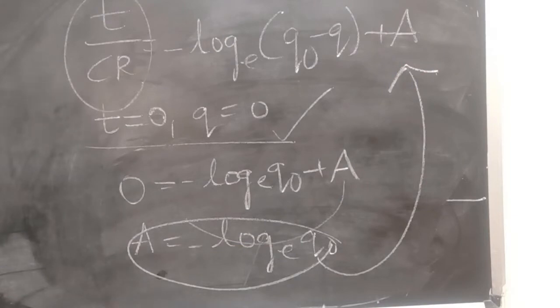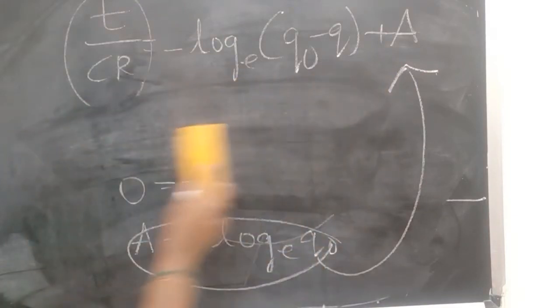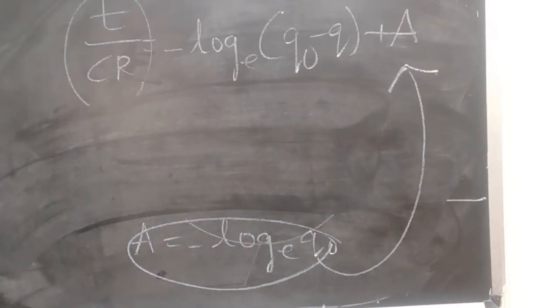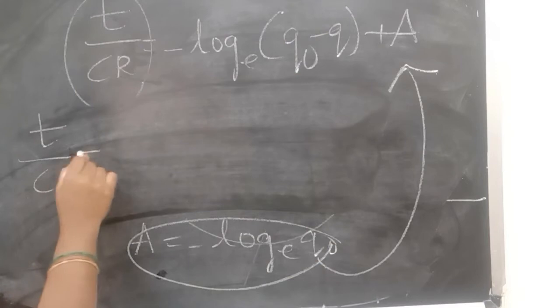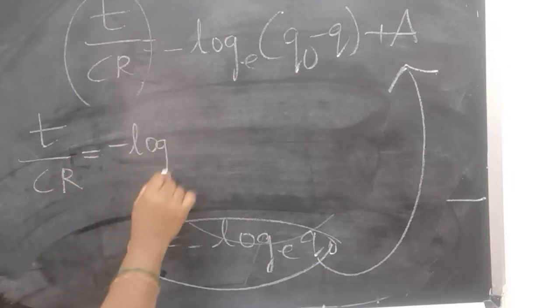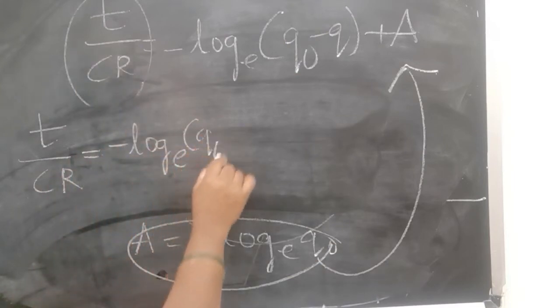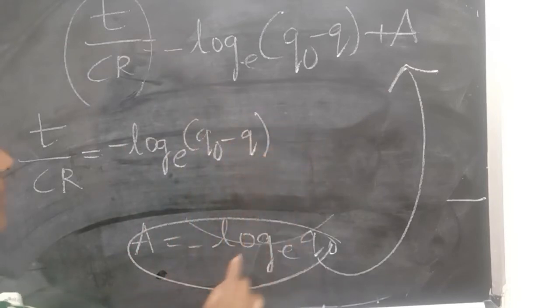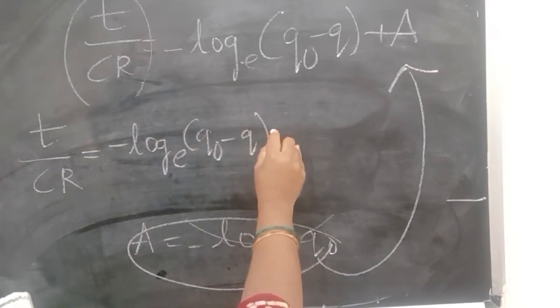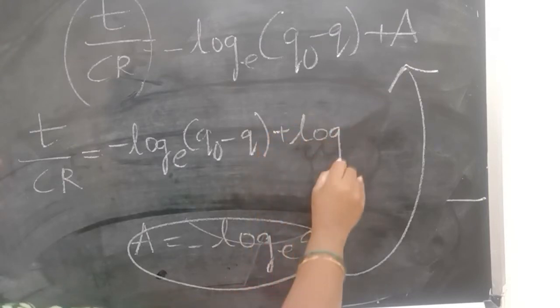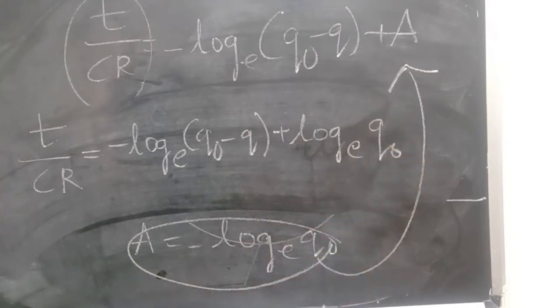Now substituting that value in this, what I get? I am erasing only these boundary conditions, you see. So what I get in the above equation? T by Cr is equal to minus log (Q naught minus Q), and this A value is plus log Q naught.